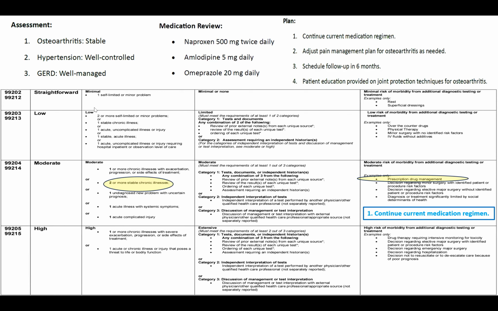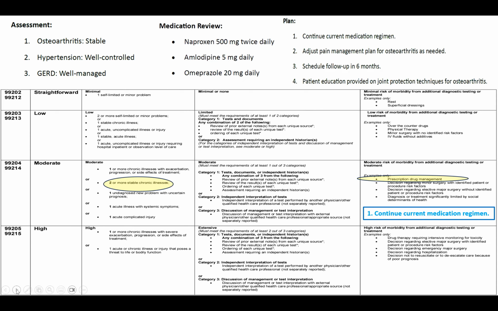We need 2 out of the 3 for an established patient, and so we will reach a 99214 for this visit. So this is pretty straightforward. Leveling of the E&M code, and everything is looking pretty good there.